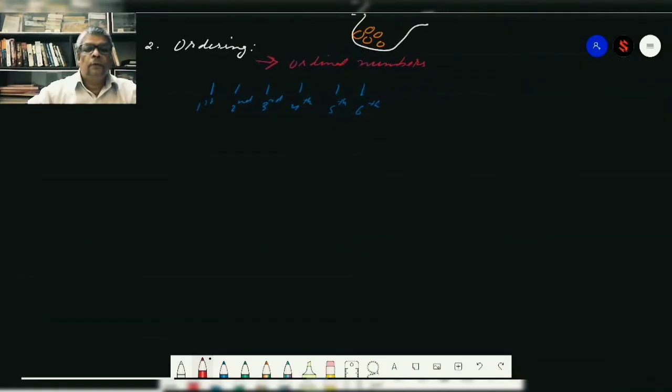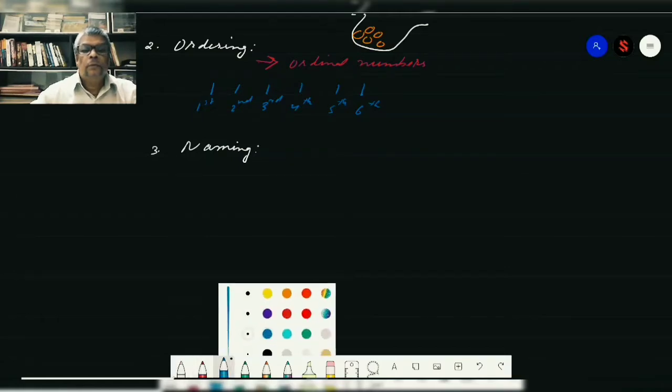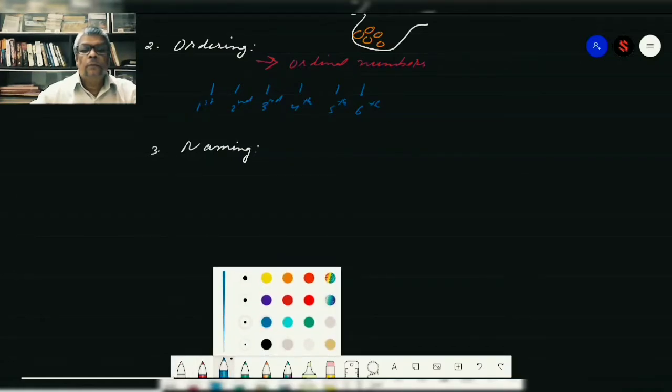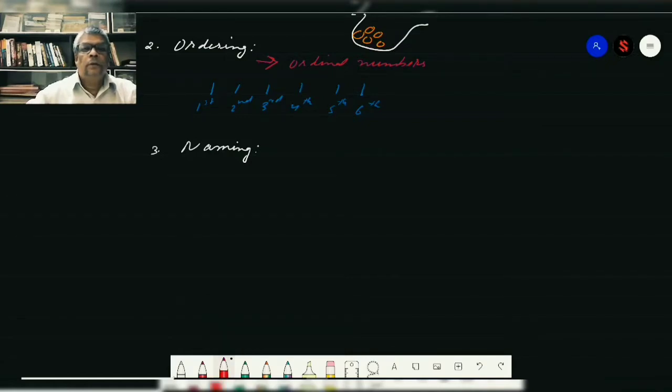Another use of these numbers is for naming. For example, suppose we have, say, 7 children in a group.